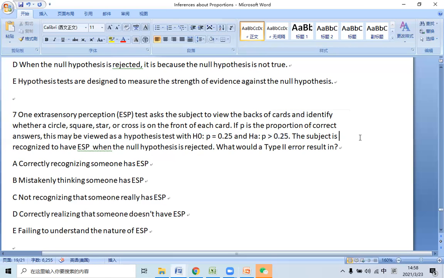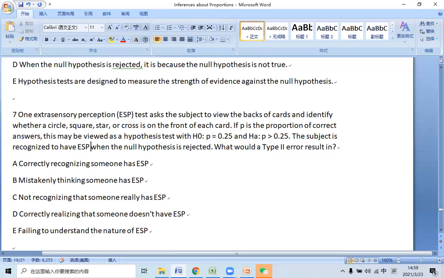The subject is recognized to have extrasensory perception when the null hypothesis is rejected. The null hypothesis says you're just guessing. And if you reject the null hypothesis, you basically say, oh, you are recognized as having ESP.